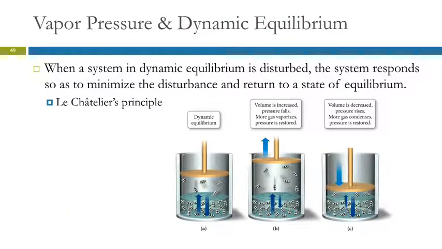Have you guys heard of Le Chatelier's principle? No? So Le Chatelier was a French scientist, as you can kind of guess from his name. He studied equilibria. The idea he came up with is that if you have a system in dynamic equilibrium, so you've got a forward process and a reverse process, here we're talking about evaporation and condensation, but it could be a reaction.